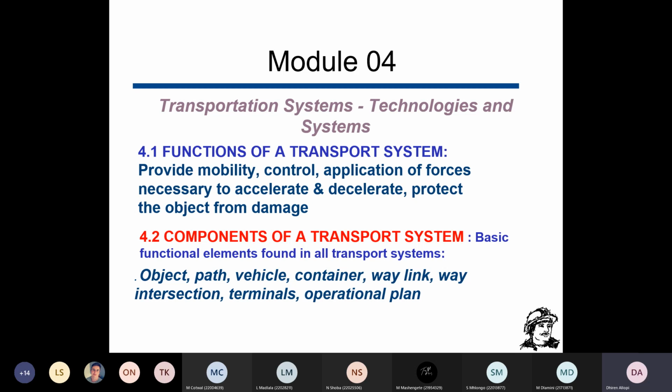And when you get, for example, two roads intersecting, that's referred to as a way intersection. At a point where you are transferring your containers from a truck onto a cargo ship, you have a specific terminal to allow you to offload and onload. And all this is then documented in some operational plan. So there has to be some system for how one goes about the whole process, and this is documented in an operational plan.